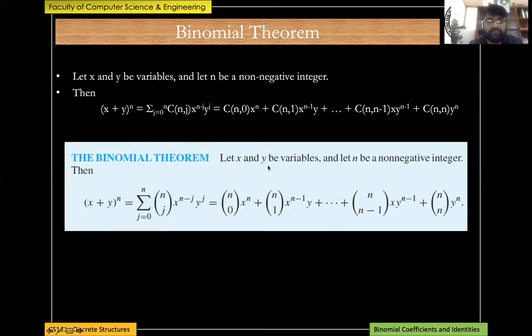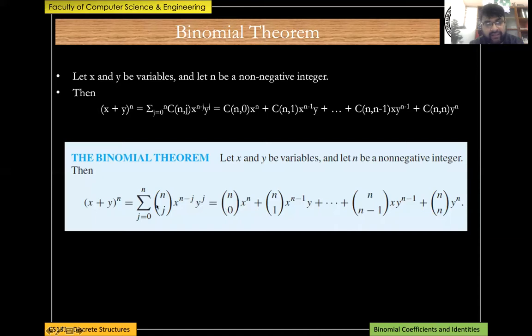So the binomial theorem simply states that when x and y are variables and n is a non-negative integer, then (x plus y)^n is equal to the sum of j equal to 0 till n, where choosing j elements from n elements is the coefficient of this particular term, and the term is x^(n-j) y^j.